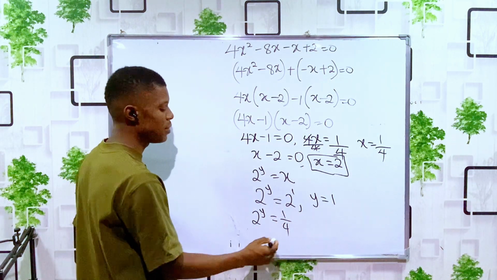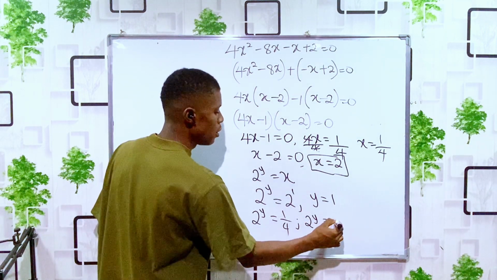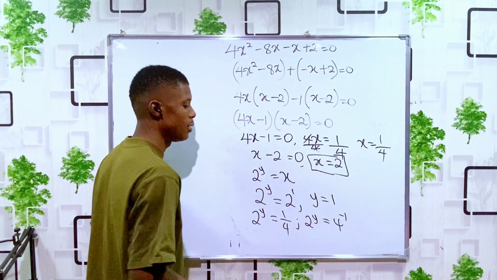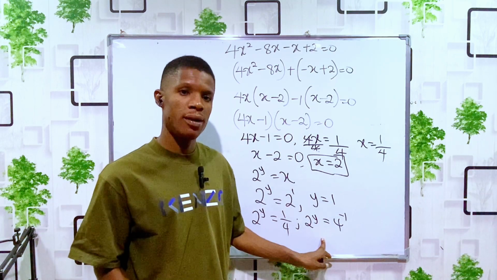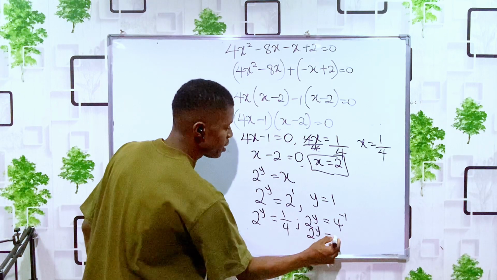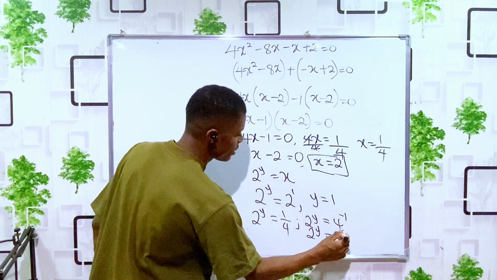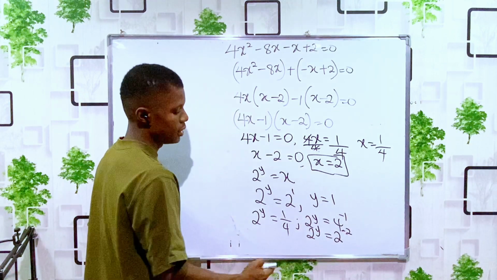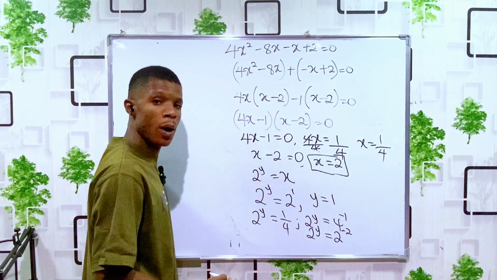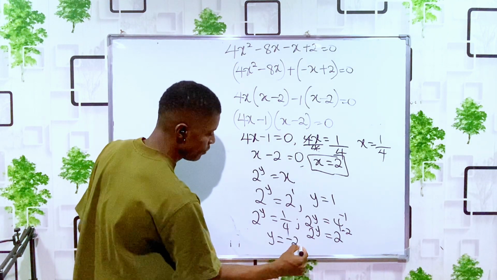A quarter can be expressed as 4 to the power of negative 1, applying the law of exponents. Since 4 is 2 squared, 2 to the power of y is equal to 2 to the power of minus 2. The bases are the same, meaning that the powers are the same. That means y is equal to negative 2.